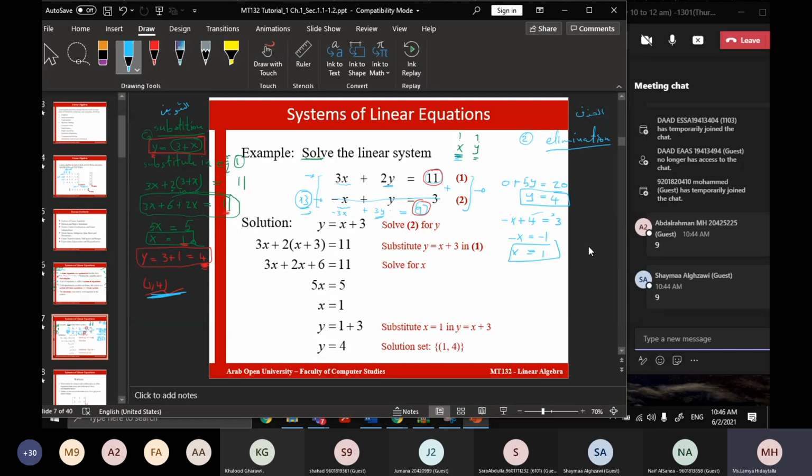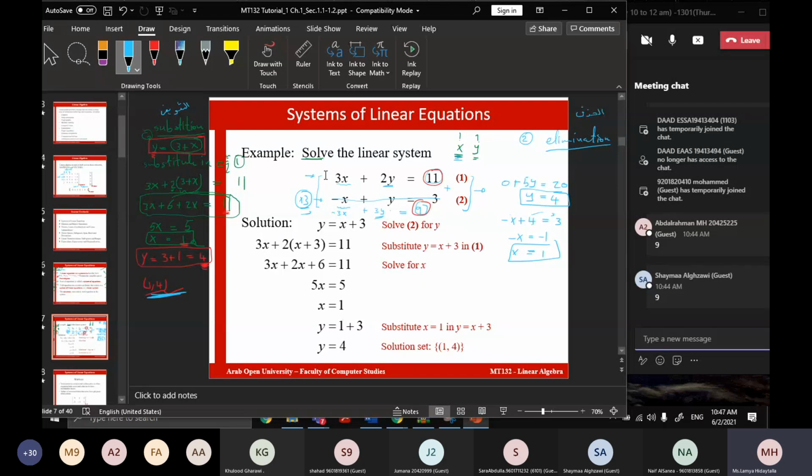Actually, this method, by elimination, is the basis of the matrix form when we solve using the matrix form. So almost the same idea. For the equations, we can multiply an equation by a number and it will not change anything; the system will be equivalent to the first.